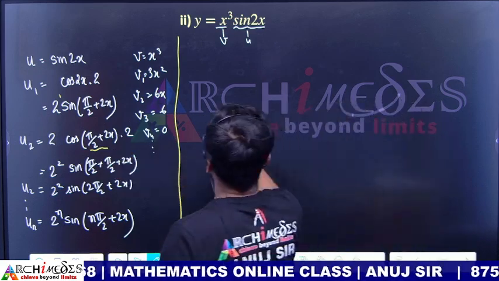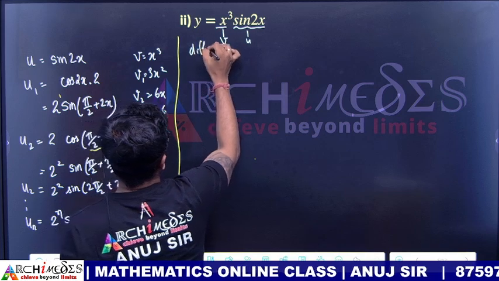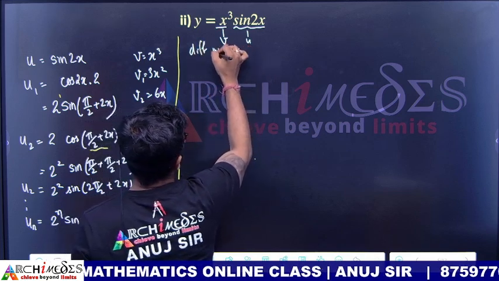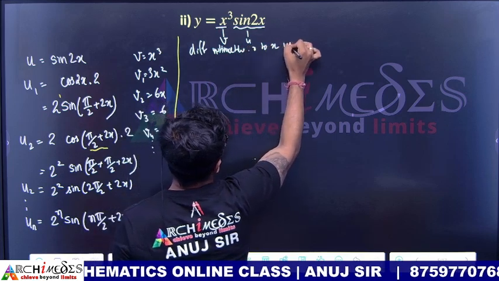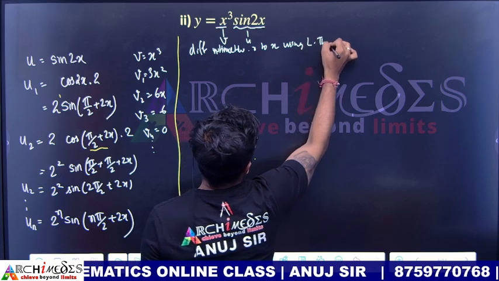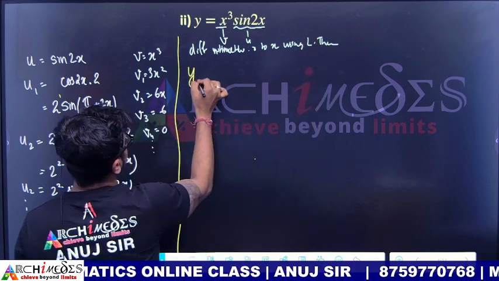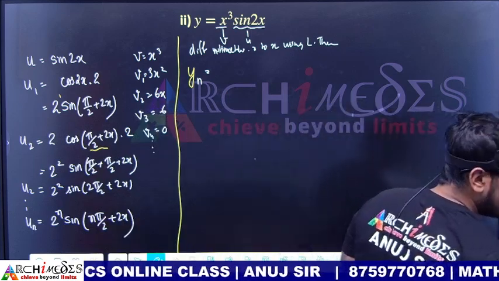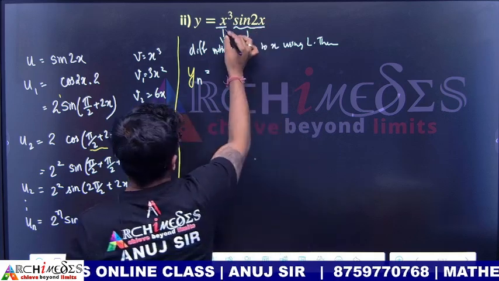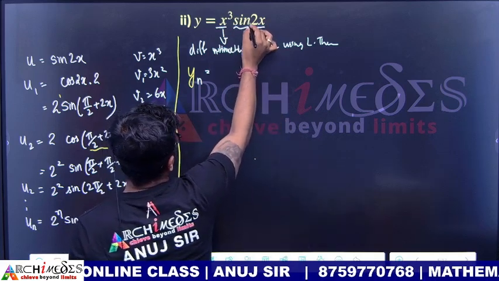Clear? So here what do we write? Differentiating n times with respect to x using Leibniz theorem. So yn. What do you have to differentiate again? Same. So this is your un v.